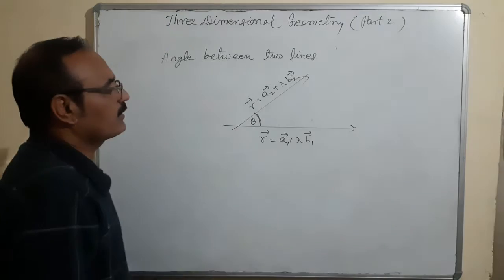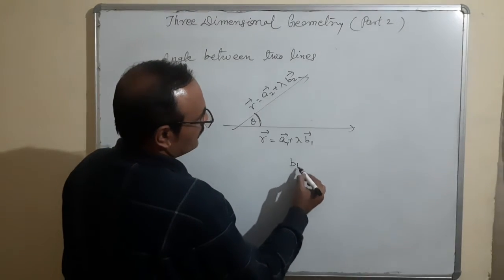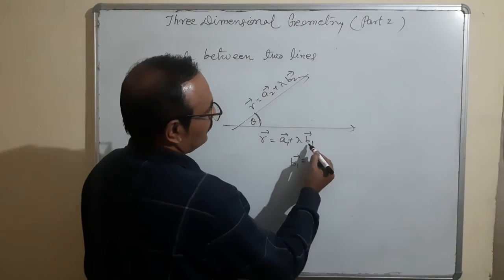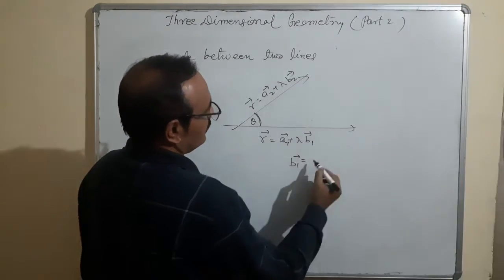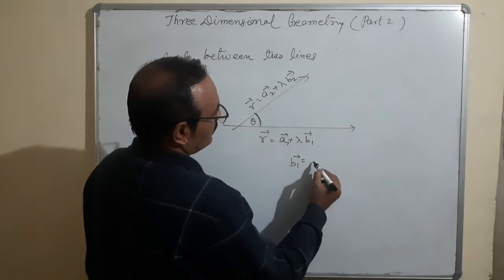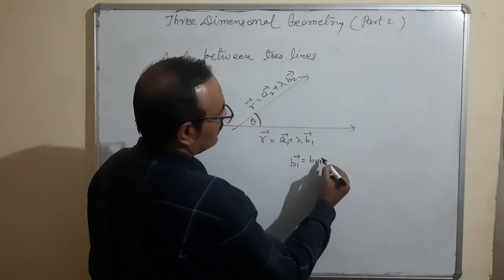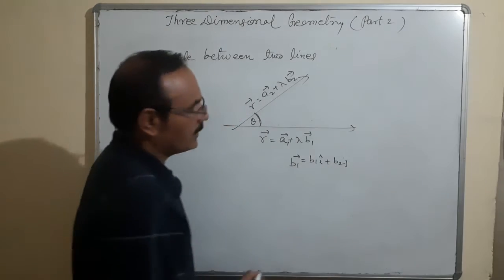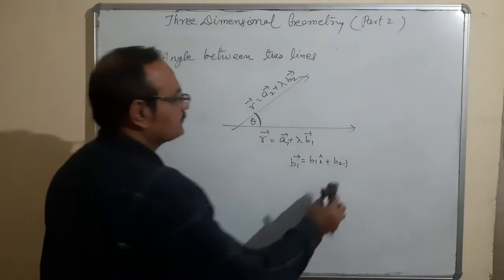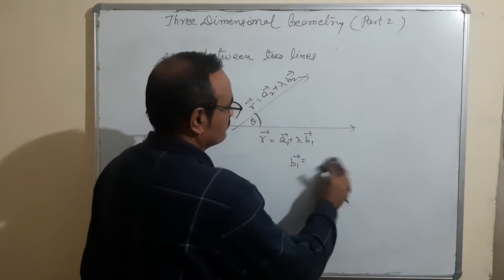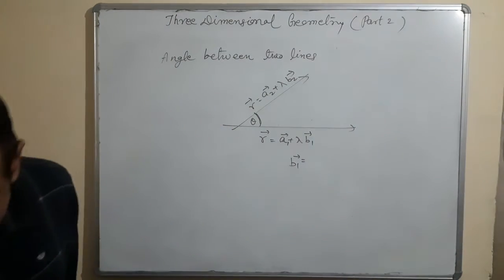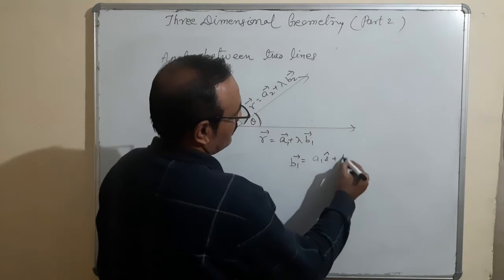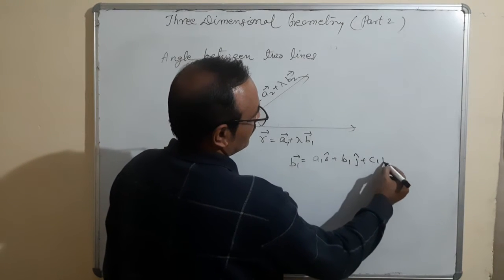Let vector B1 be equal to A1 i plus B1 j plus C1 k, since I have already used B2 here, I will take other terms.